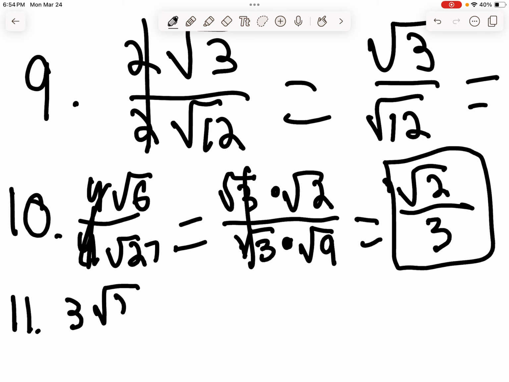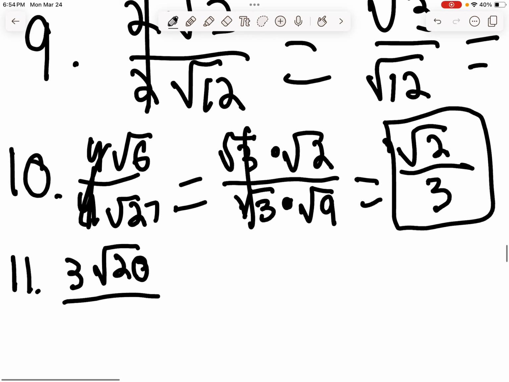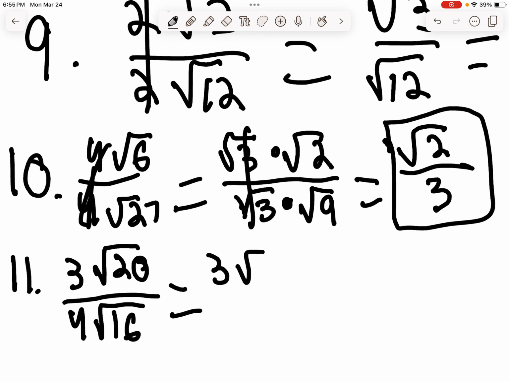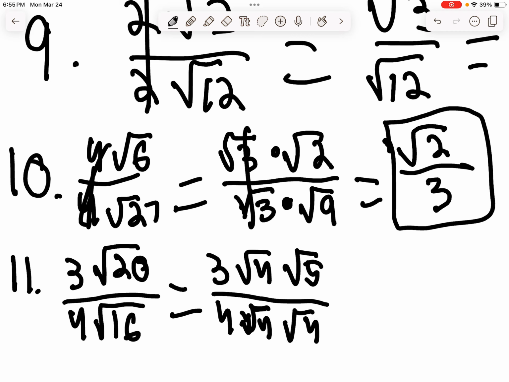11. 3 times the square root of 20 over 4 times the square root of 16. We can take a 4 out of both of our radicals, so we can get 3 times the square root of 4, square root of 5, over 4 times the square root of 4 times the square root of 4.